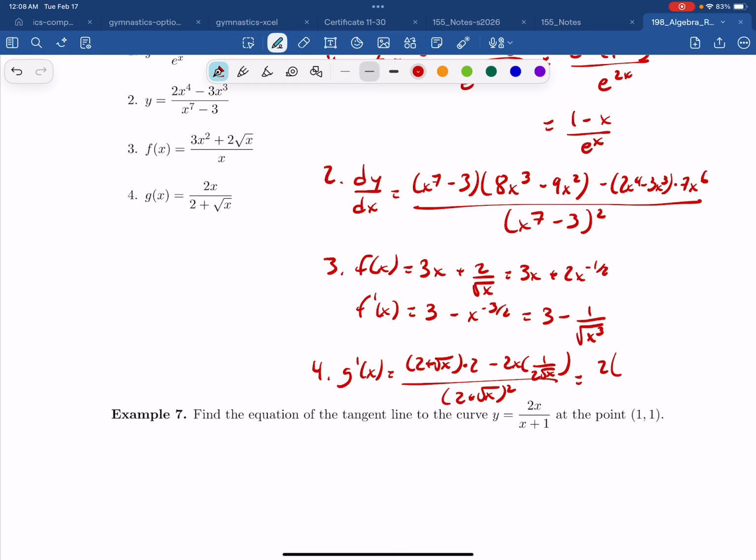It's going to be 2 times 2 plus root x minus, and then we factored out the 2, and we're getting just root x. Well, that works out pretty nicely. Yeah, so I think actually these will cancel. I think I'm doing that correctly. And we just divide by 2 plus root x squared. And that's what we get. So I think it winds up being 4 over 2 plus root x squared.